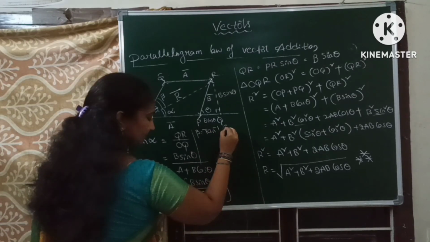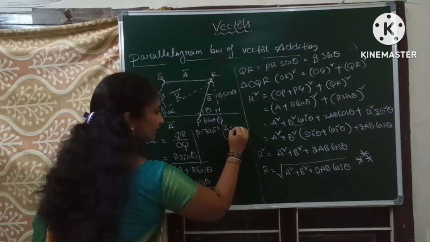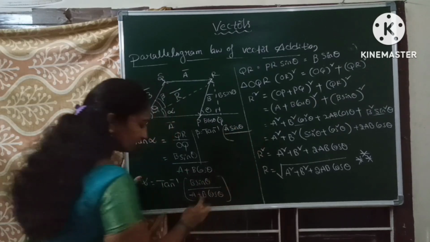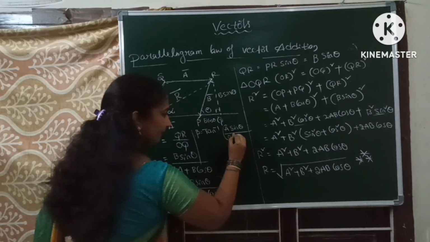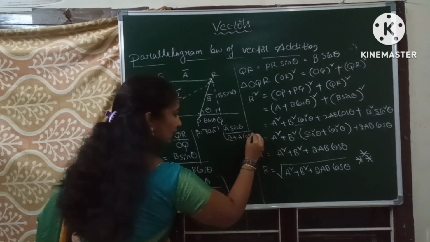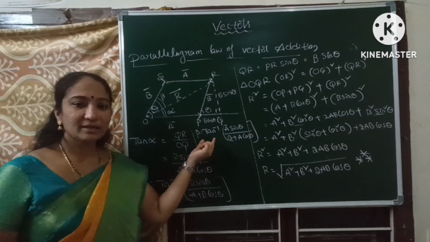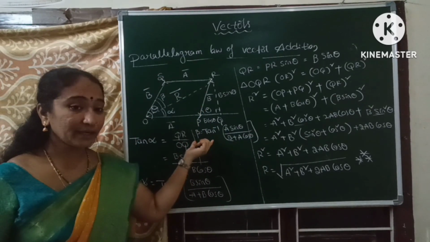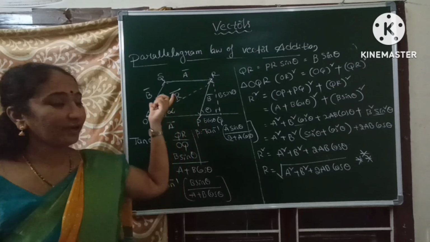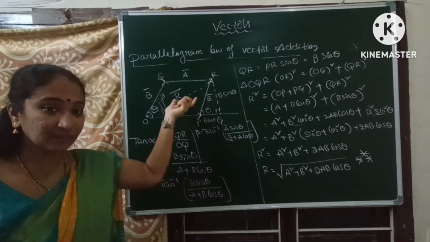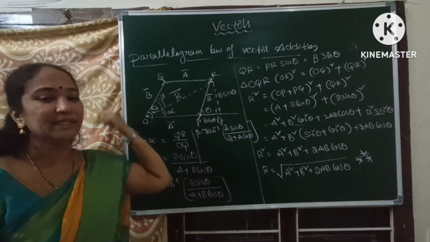So tan beta, or simply beta, is equal to tan inverse of a sin theta by b plus a cos theta. This is the formula to calculate the direction of the resultant when it makes some angle beta not with a, but with b.